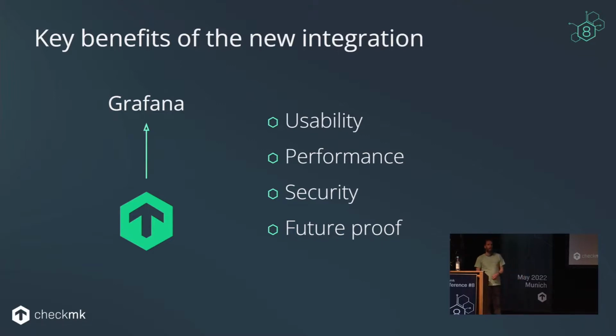And as a side effect, we also improved the security of our connector. And since Grafana changed its API to build plugins to integrate other tools, we wanted to be future-proof and completely rewrote the whole connector to be in this position to maintain that for another several years.